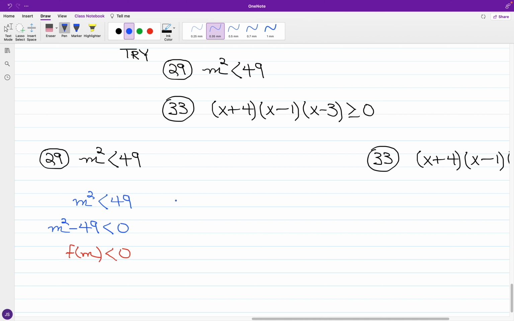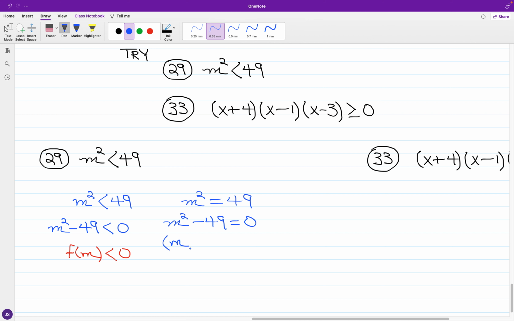If I identify the zeros to work around, if I have that m squared is equal to 49, you can use the square root property of equality to get to the zeros, but I'll just rewrite this in standard quadratic equation form.